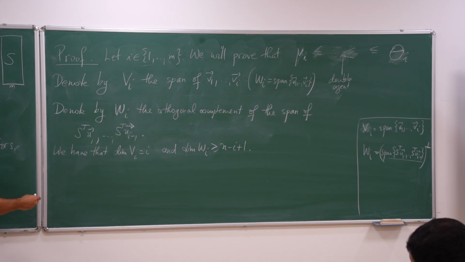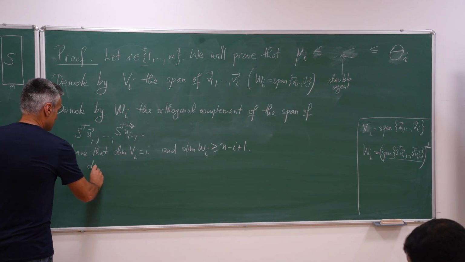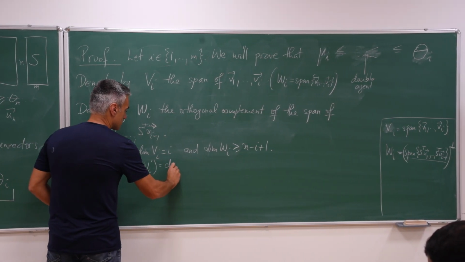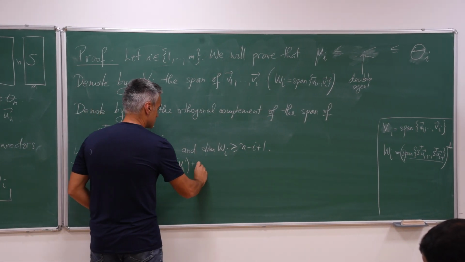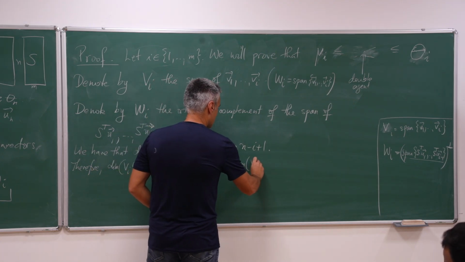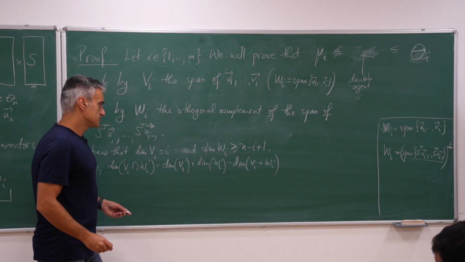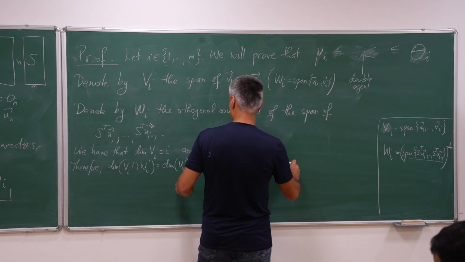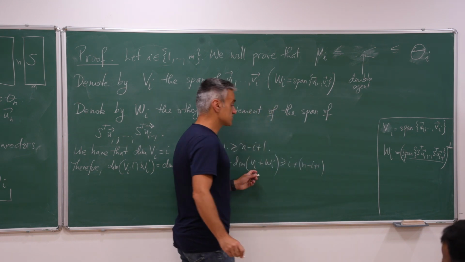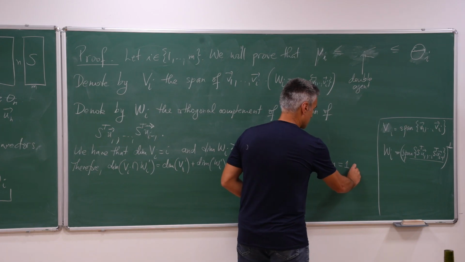Therefore, the dimension of Vi intersect Wi equals the dimension of Vi plus the dimension of Wi minus the dimension of their sum. This is greater or equal to i plus n minus i plus 1 minus n, which is 1.